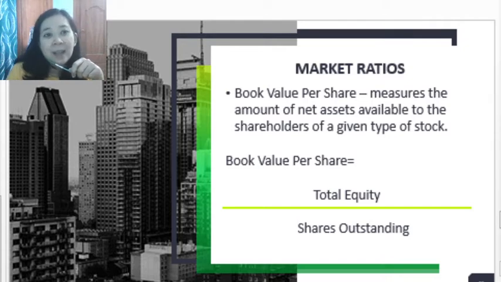But again, for the purpose of this module, we will only be discussing book value per share. Book value per share measures the amount of net assets available to the shareholders of a given type of stock.